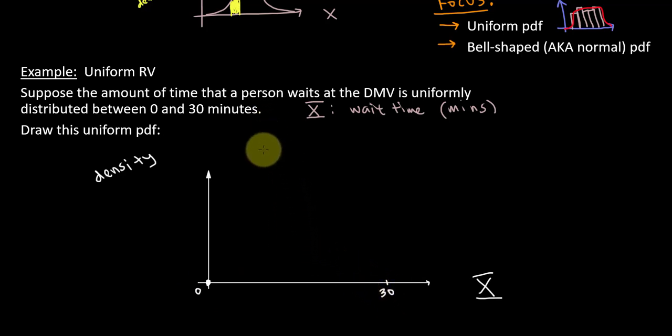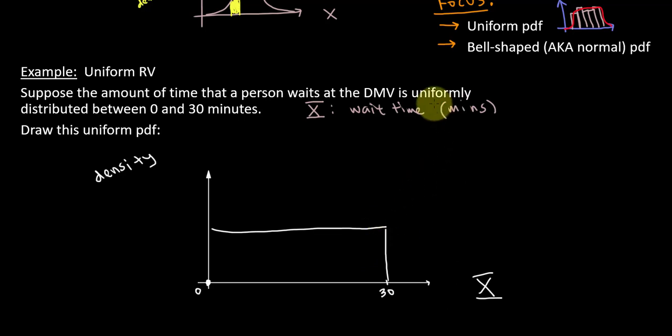A uniform distribution is a flat top. So this is not going to have the bell shape. That's not uniform. We're going to have basically a rectangle, and this is a rectangle from 0 to 30 minutes.